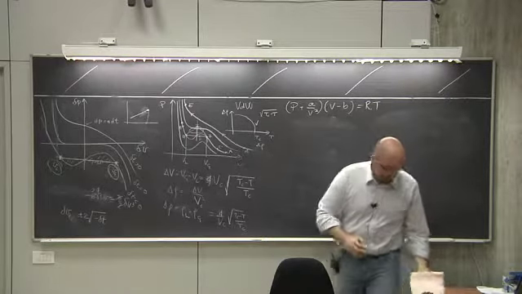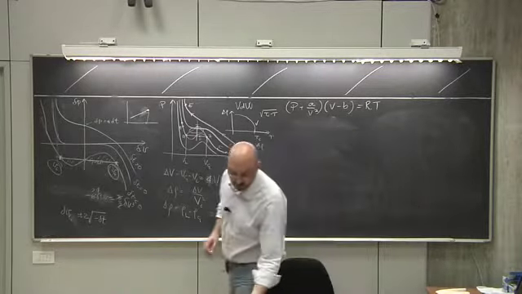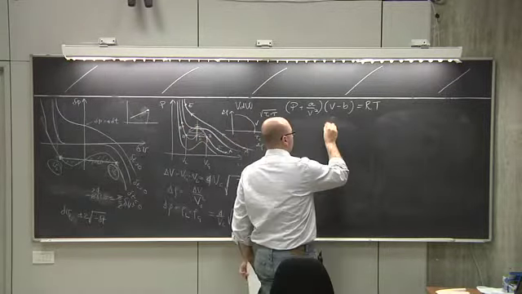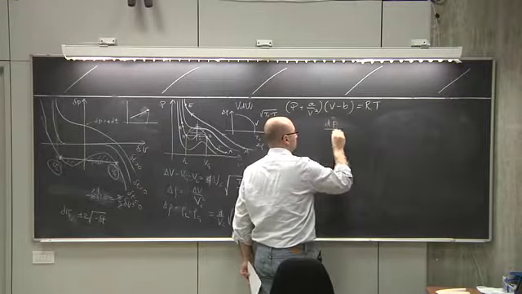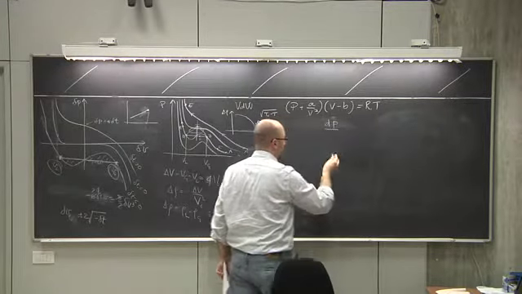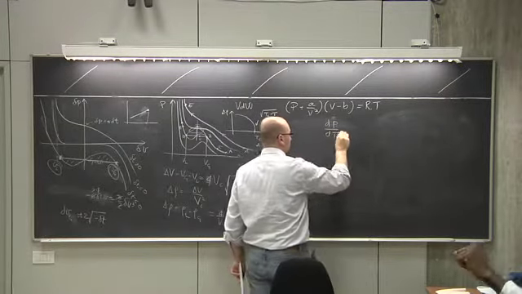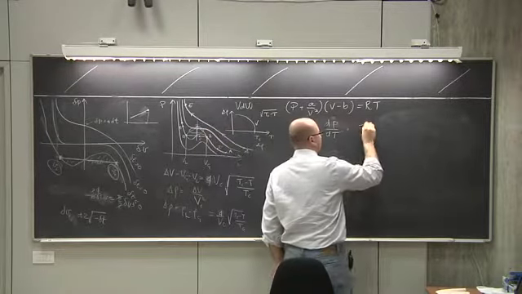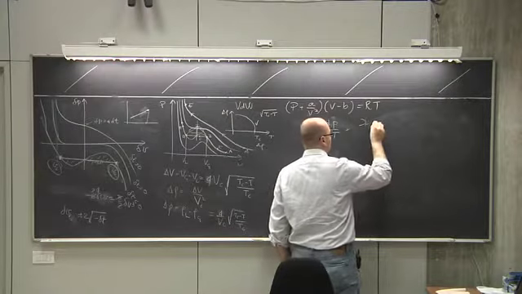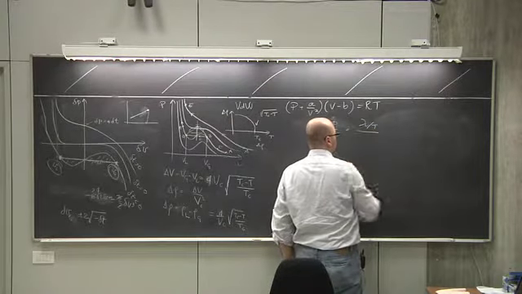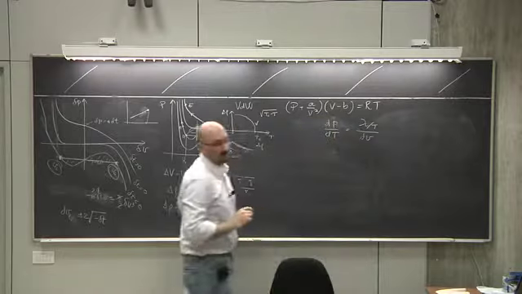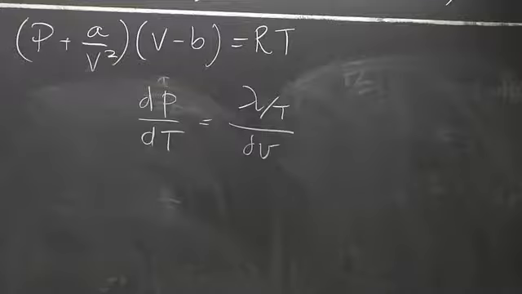And another indication for this is if we use the Clausius-Clapeyron equation, which says that dP by dT is the latent heat of vaporization divided by T divided by delta V.